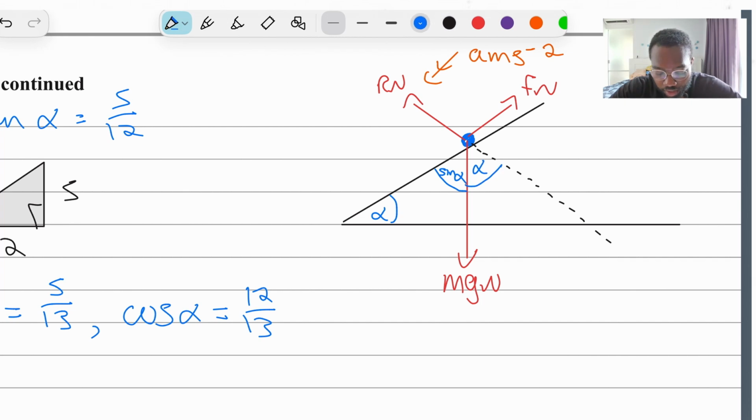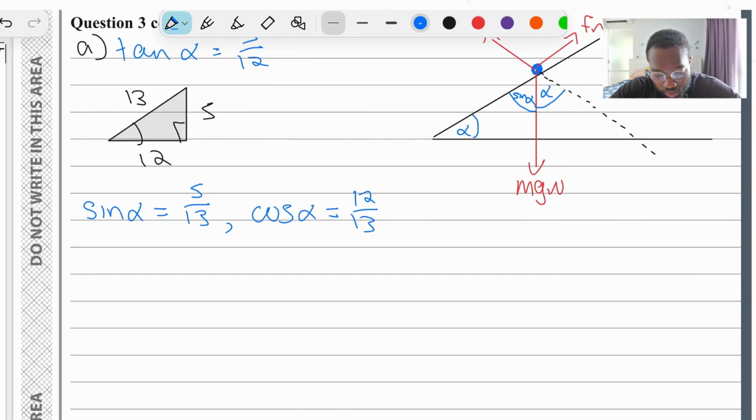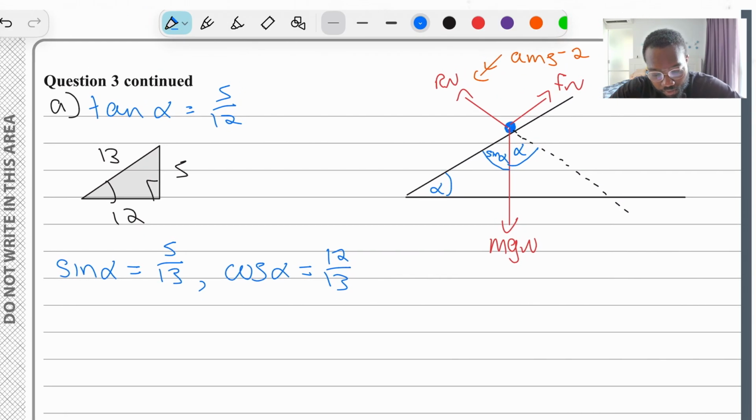Therefore, to work out our R newtons, all we need to do is resolve in the same direction as R. So that'll just be R is equal to mg cos alpha. We don't need to worry about F equals ma because we're resolving perpendicular to the direction of motion, so there is no motion.